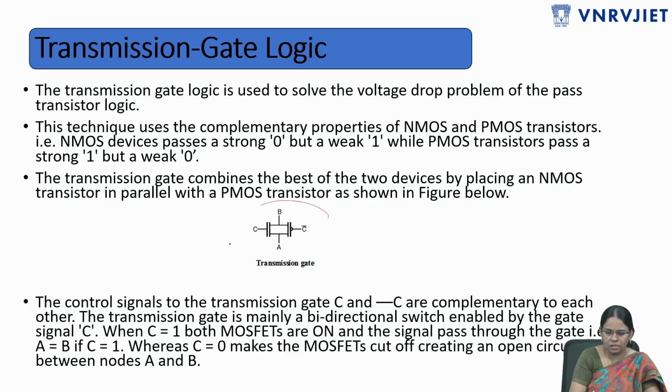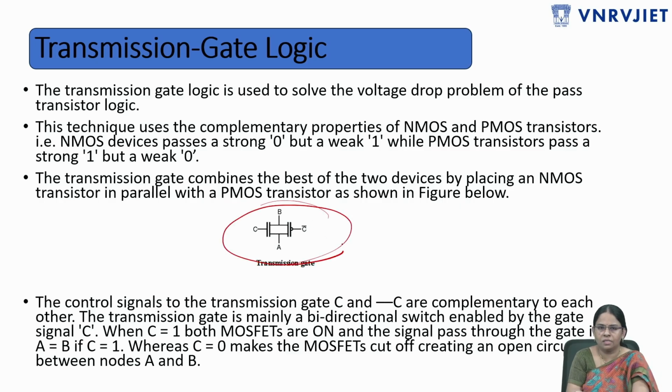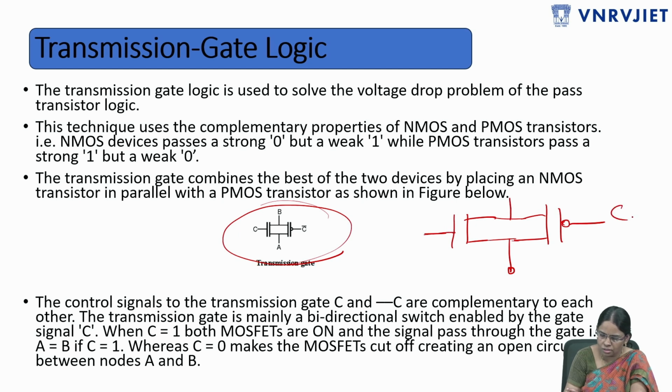The symbol considered is this one, the transmission gate symbol, where it represents the two transistors. This is NMOS and this is PMOS. Both are shorted together. And then here the control signals C dash and C. Always we are saying that C equals to 1, NMOS is on; C equals to 0, PMOS is on.